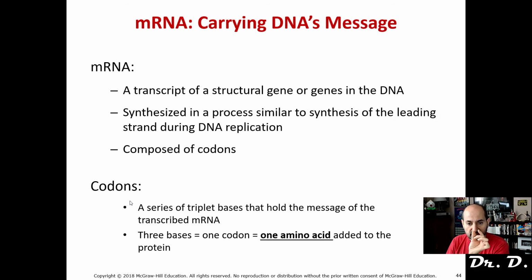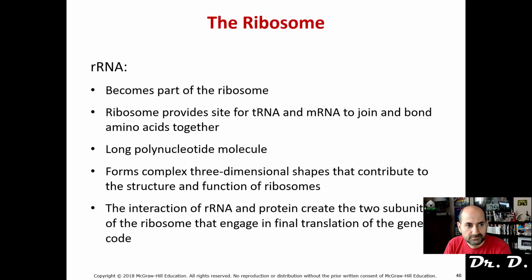So each triplet code, each codon, codes for an amino acid, except for the stop codons. Remember, TAG, TAA, TGA. Those are the stop codons. The stop codons do not code for an amino acid. All of the other codons code for an amino acid.